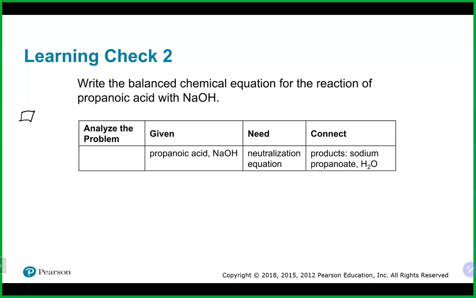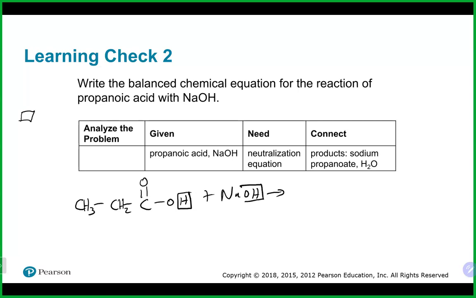Okay, so let's take a look. We'll start with propanoic acid, which should be 3 carbons. Again, oic acid tells us it's a carboxylic acid. And again, we'll fill in our hydrogens here. We're going to react with sodium hydroxide. So this is your classic acid base reaction.